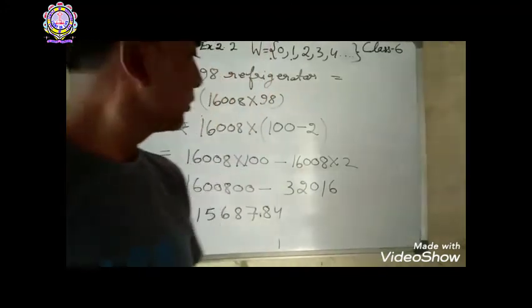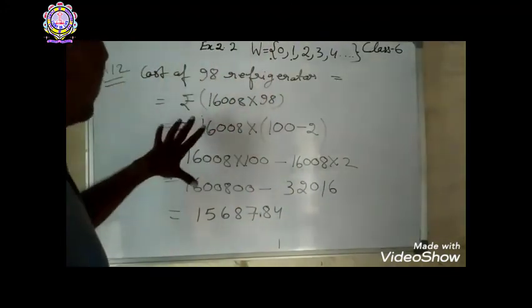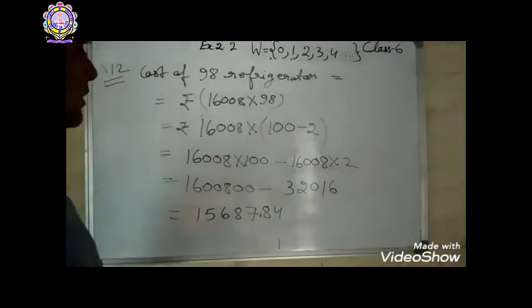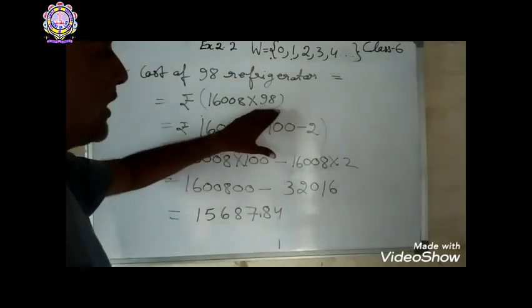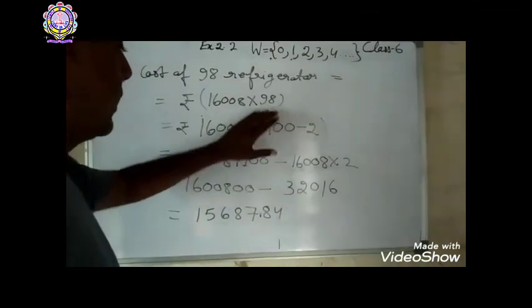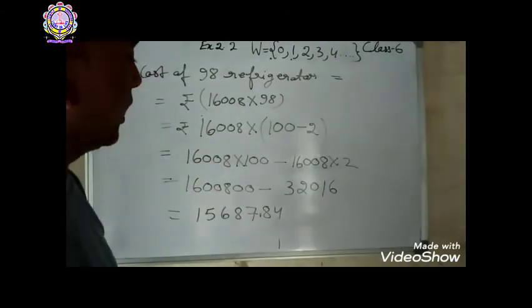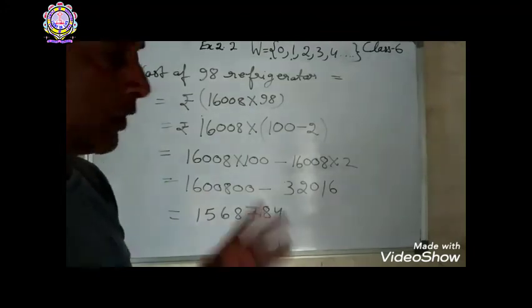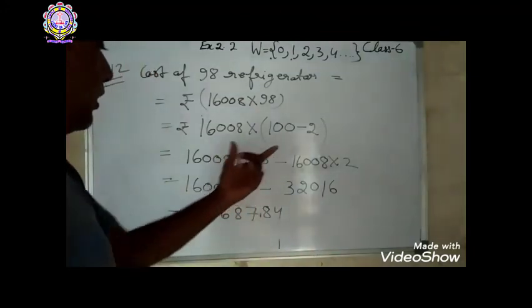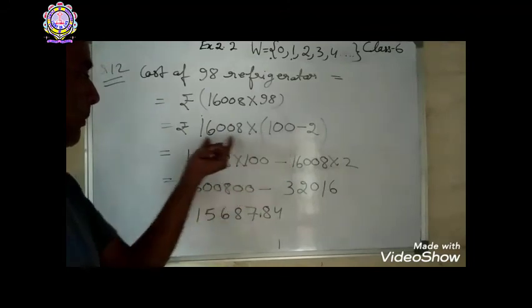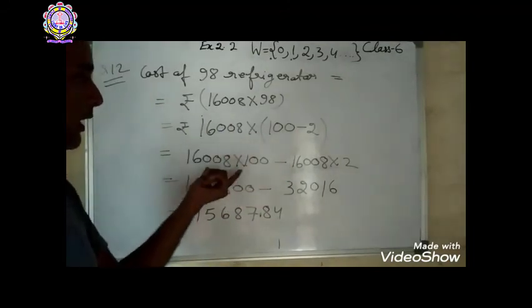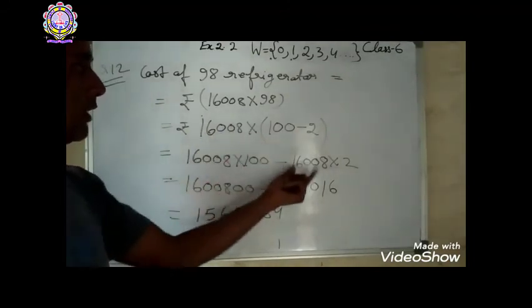So students, sorry for the confusion, but memorize it. 98, how do we write 98? Again, I am explaining. 98 we write as 100 minus 2. Which property do we use? Distributive property of multiplication over subtraction. And then 100 multiplied by 16,008 and 16,008 multiplied by 2.